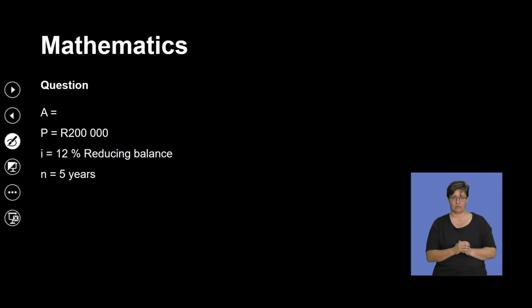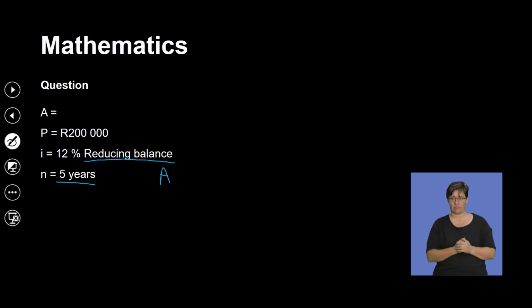Now, these are all the things that I have. The principal amount is 200,000. My interest is 12% on a reducing balance. We specify which method we are using, and then this was for 5 years.